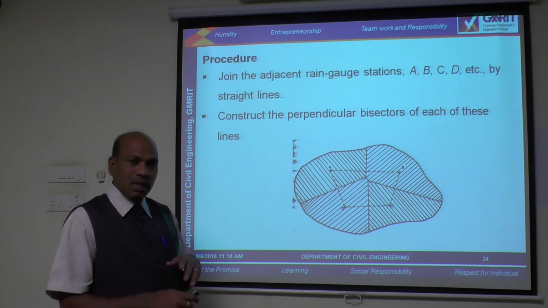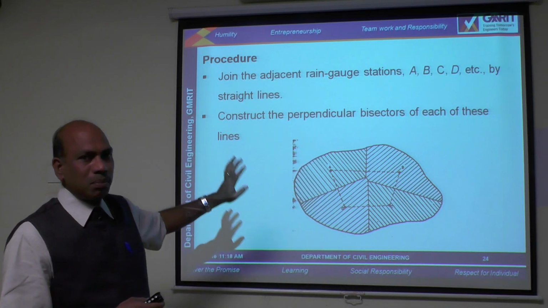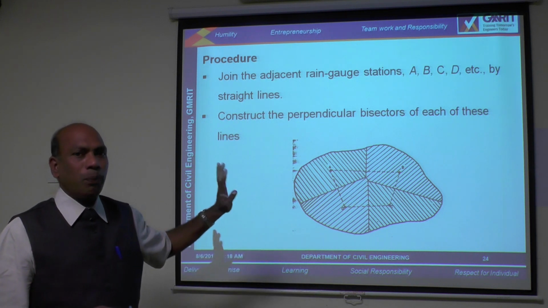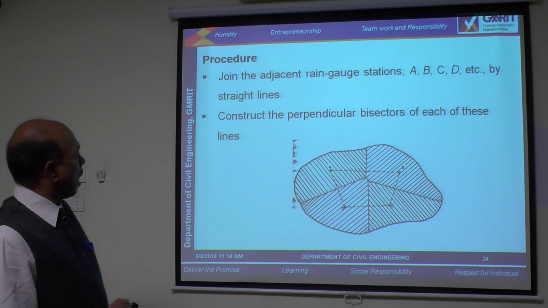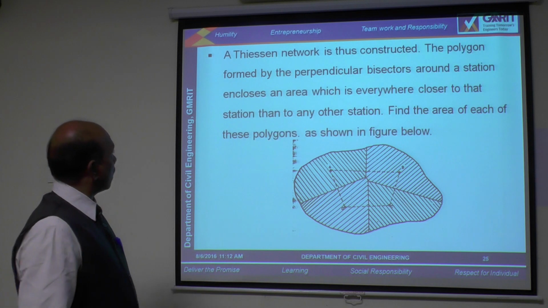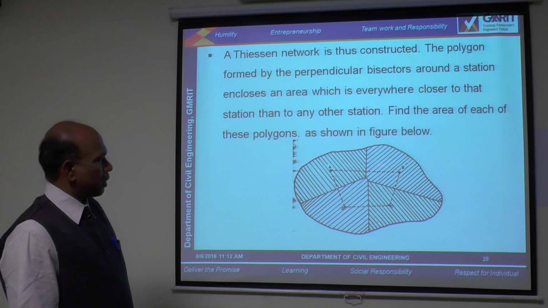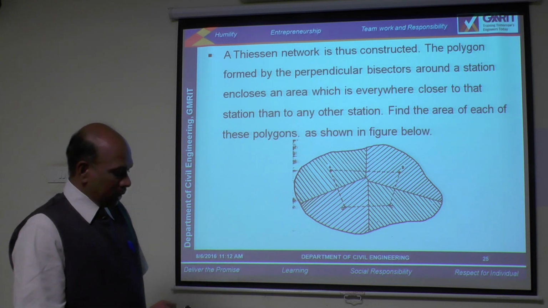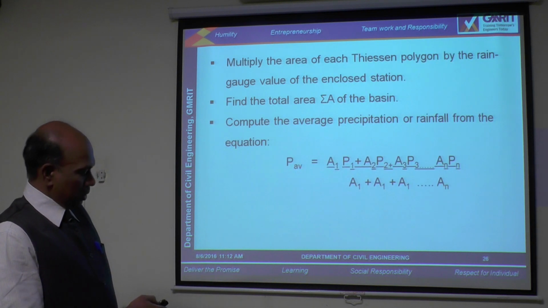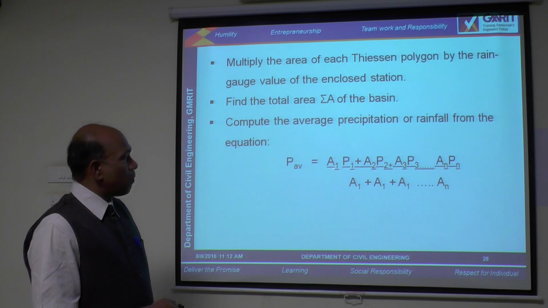Here the difference compared with the earlier method is that we have determined areas and prepared the Thiessen polygons. Then how to determine the average rainfall? Based on these areas, we know the area under rain gauge stations A, B, C and D. The average rainfall is A1 into P1.